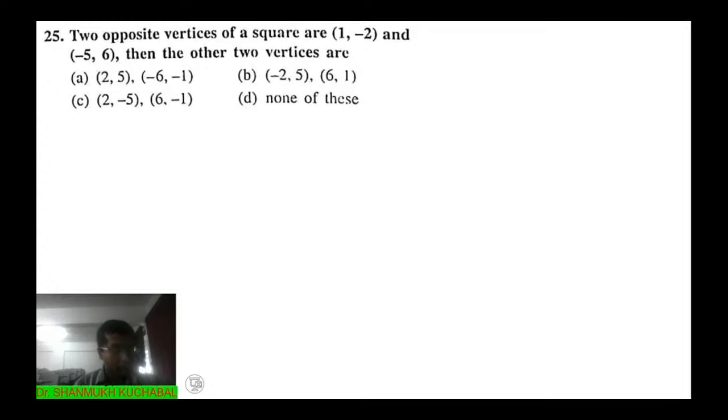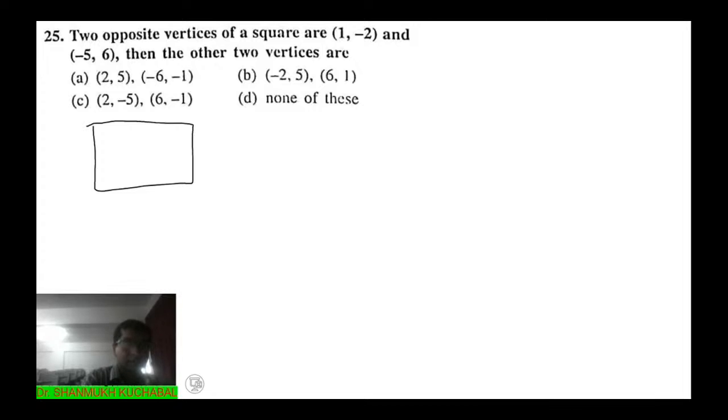Okay, we'll move to our next example. Two opposite vertices of a square are (1, -2) and (-5, 6). Then the other two vertices we have to calculate. This is given by a diagram like this.